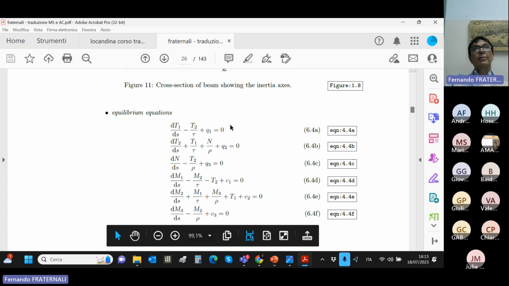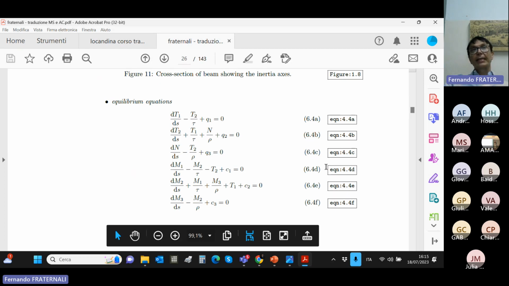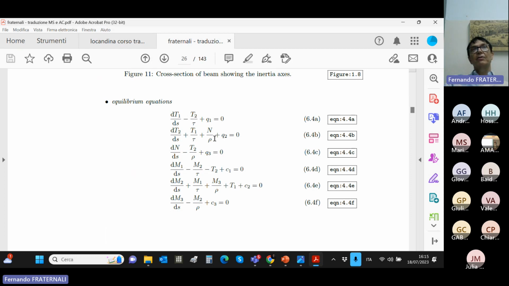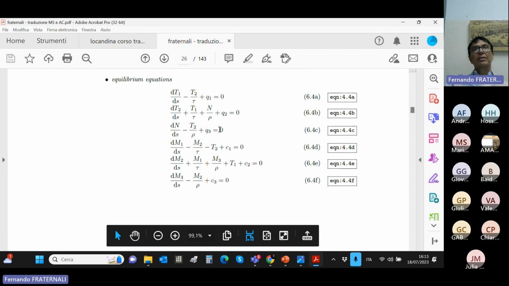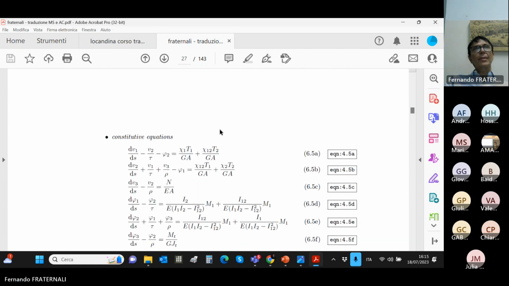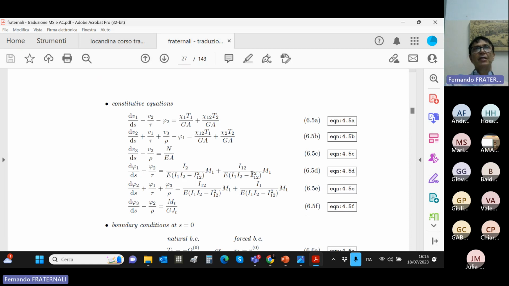So these are the equilibrium equations with the geometric couplings that we have discussed before. You see here that in the equation with Q2, we have this n over rho. And so with this coupling and all the equations that are geometric coupling between the generalized stresses. The constitutive equations are the same, to a first approximation.